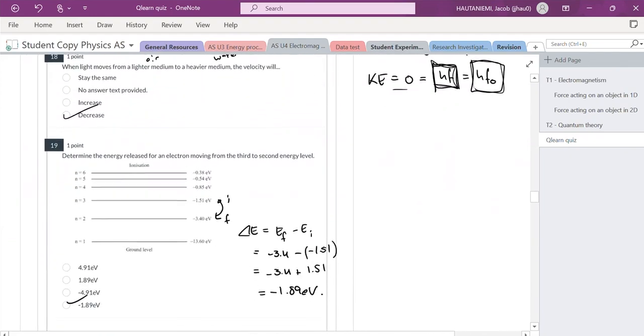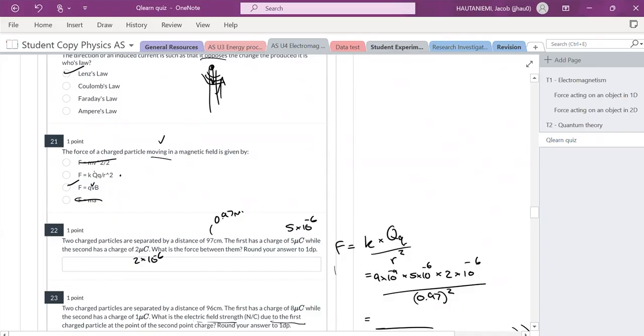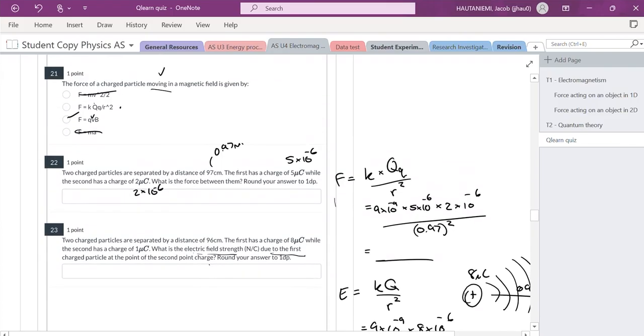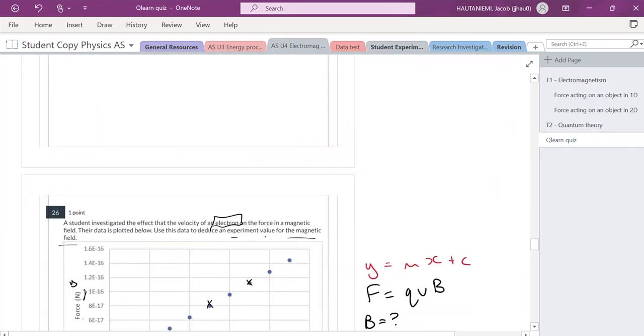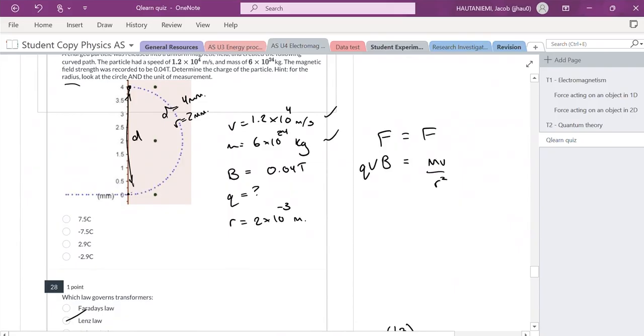Come on. Ah, here we go. Oh, no, that's not right. mv squared over 2, no, that's not it. That's kinetic energy. Bother. I think it's that from memory: mv squared over r.